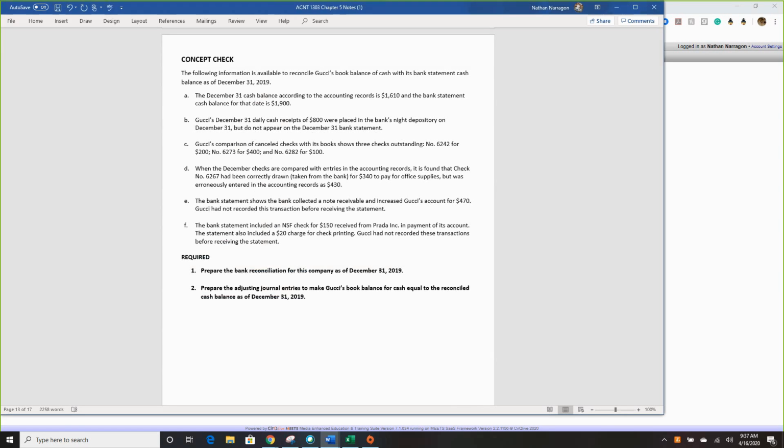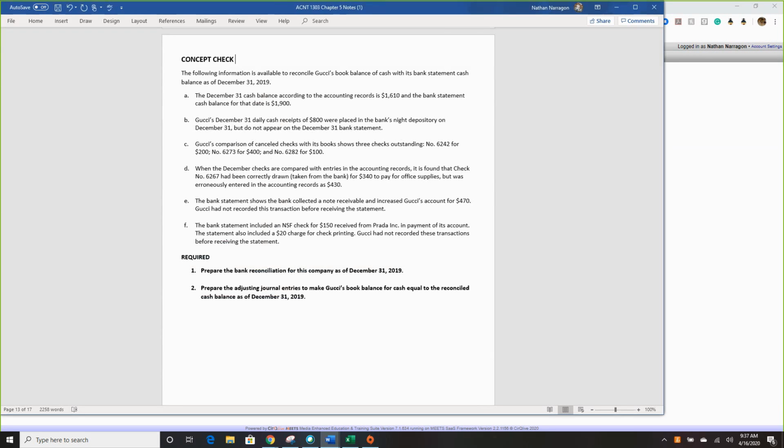On your homework or exam, you may have one or two problems where you're reviewing the actual bank statement, or you'll have it in Word form. With a word problem, make sure you read carefully what each line is saying and double check who hasn't done their job in recording yet. Again, the timing differences.